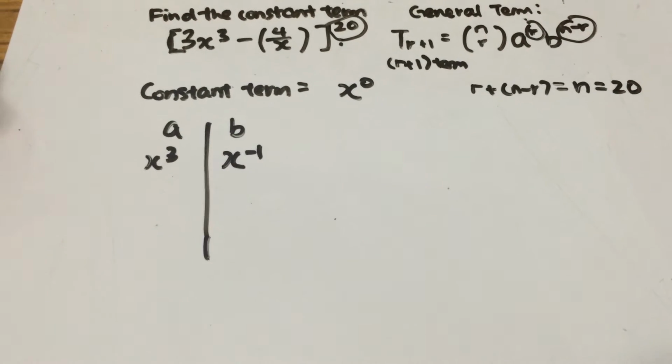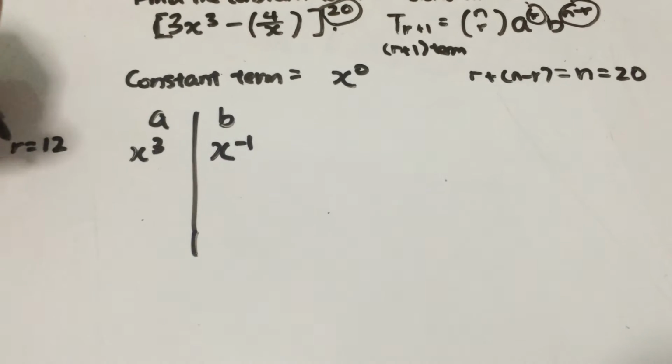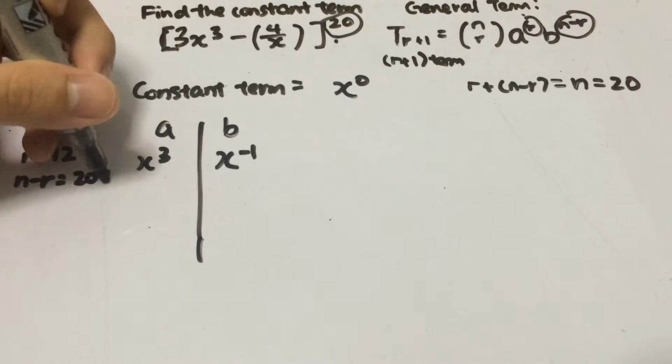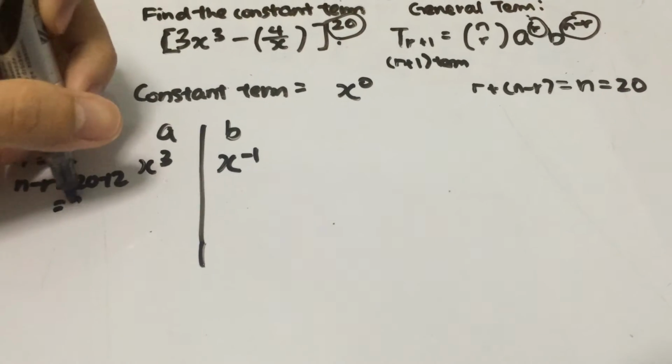Let us start. Imagine we allocate r equals 12. Of course n minus r is simply 20 minus 12. So n is 20, r is 12, and that gives you 8.